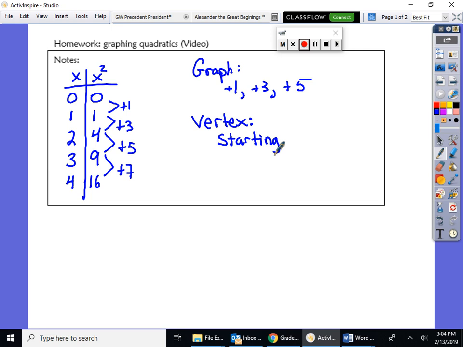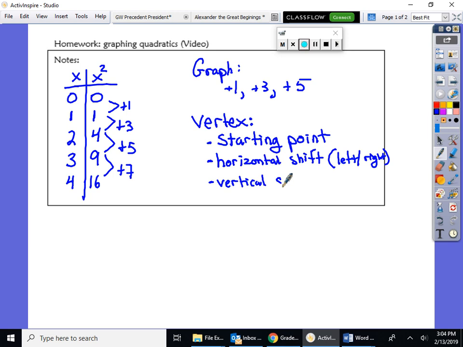The vertex tells us where our graph starts, and we can have either a horizontal shift, and horizontal goes left to right, or we can have a vertical shift, and this goes up and down.